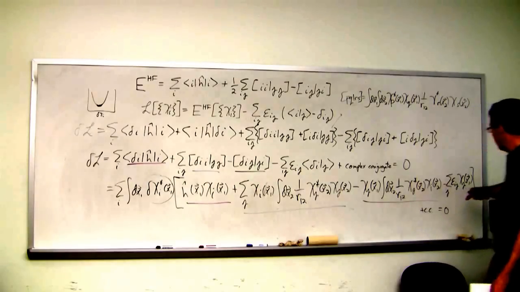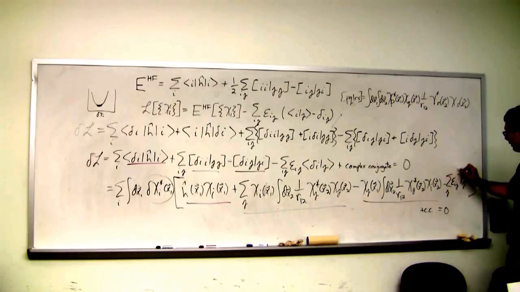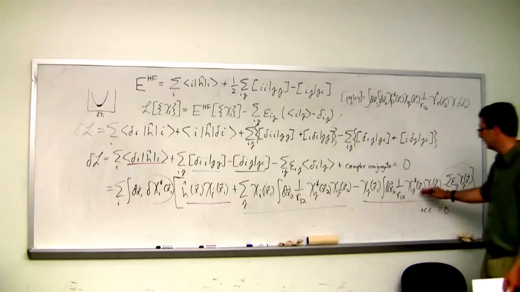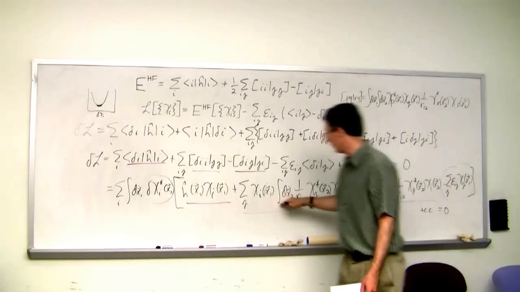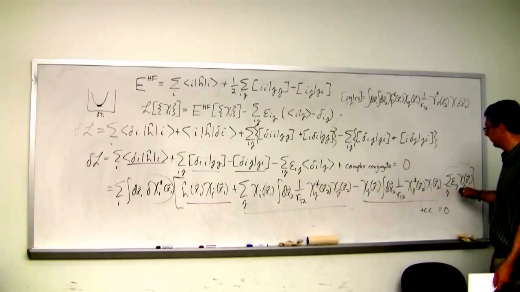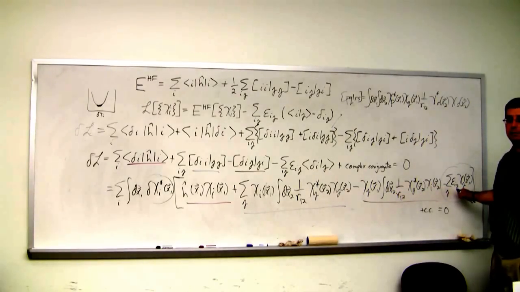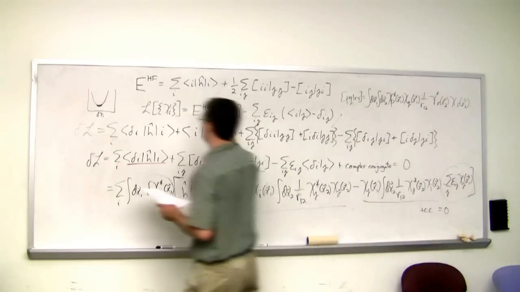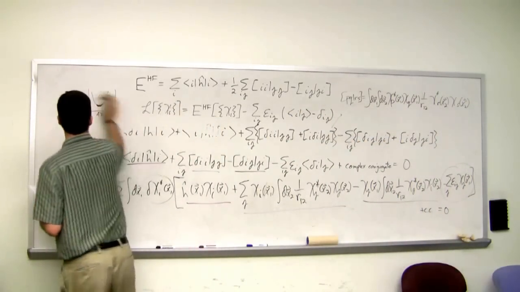I'm going to take this bit here and pull it over to the other side. So I'm going to say the three color-coded terms equal this other thing. And certainly if that's true, then the sum of those equals 0. That's going to give me a slightly different way to write the equation.